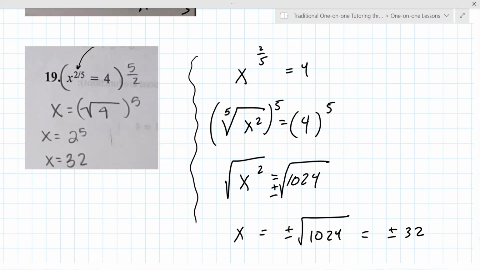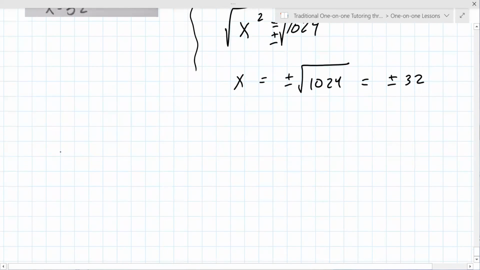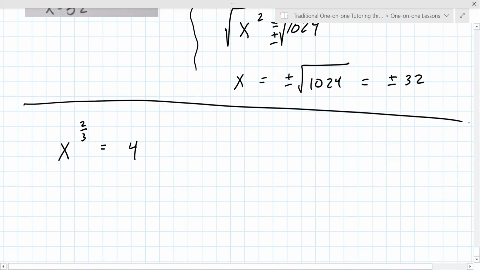Okay. So really quickly, let's try another one here. Let's say you've got x to the 2/3 equals 4. No, sorry, yes, 4 is good. Let's try this one.